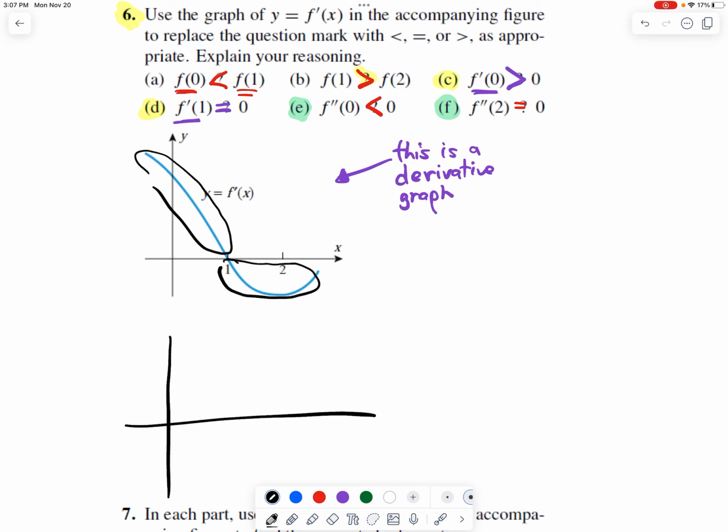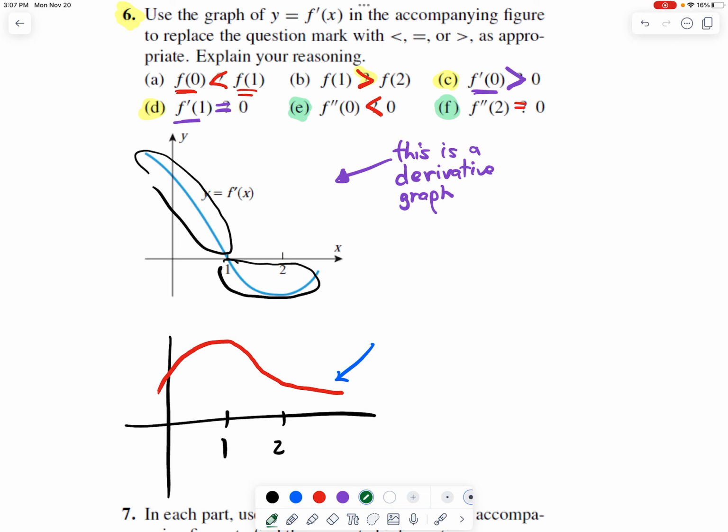So most likely it's going to be something like this. I'm going to put 1 and 2 in there. We are increasing until we get to 1, then decreasing until we get to 2, and then we're kind of bottoming out because the slope of the tangent line is getting closer to 0.